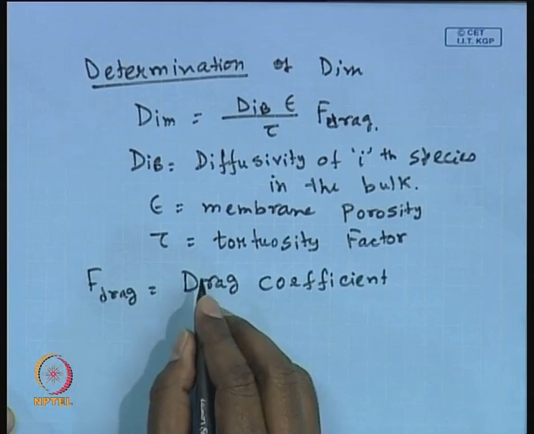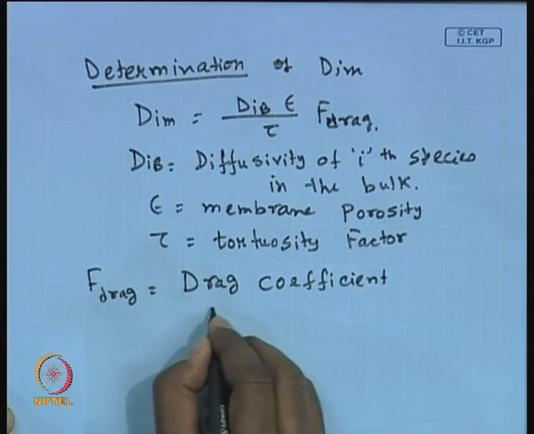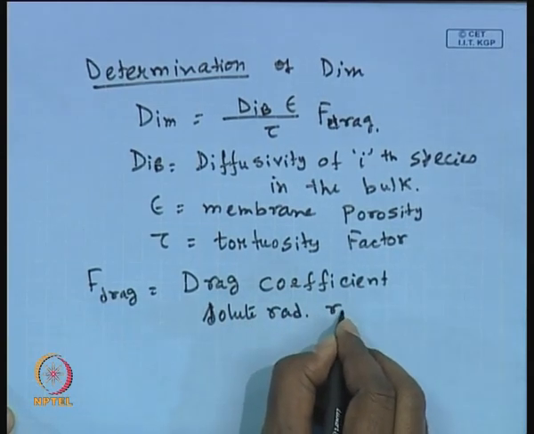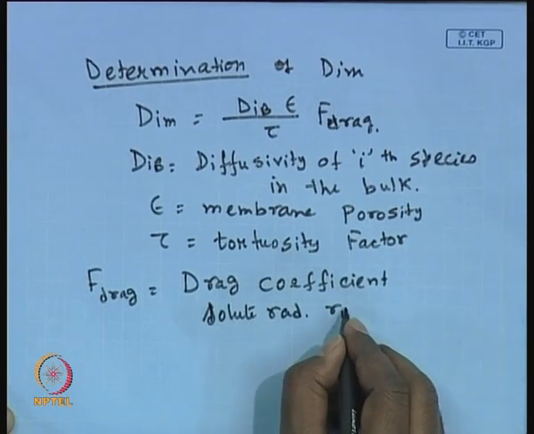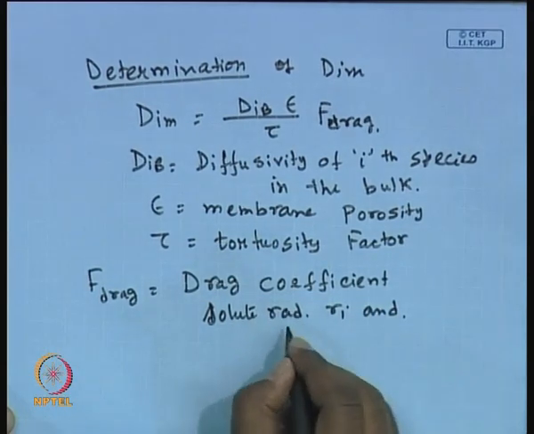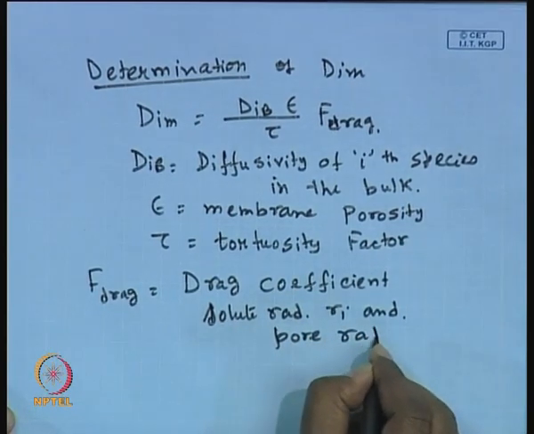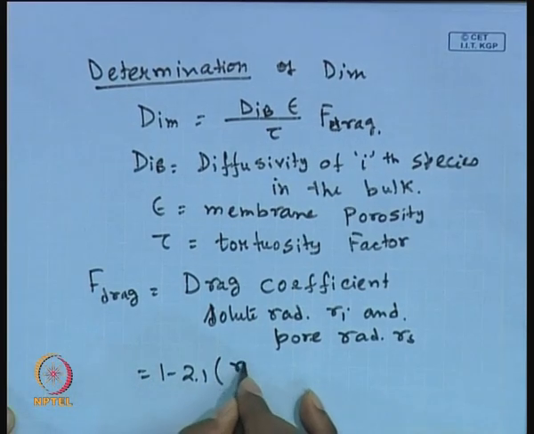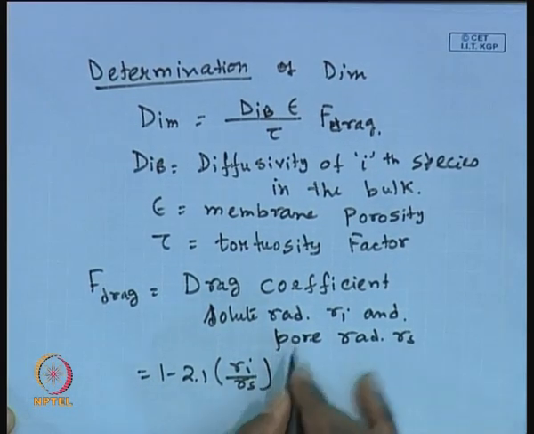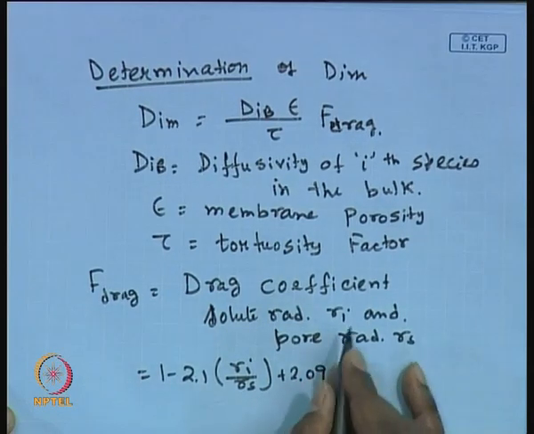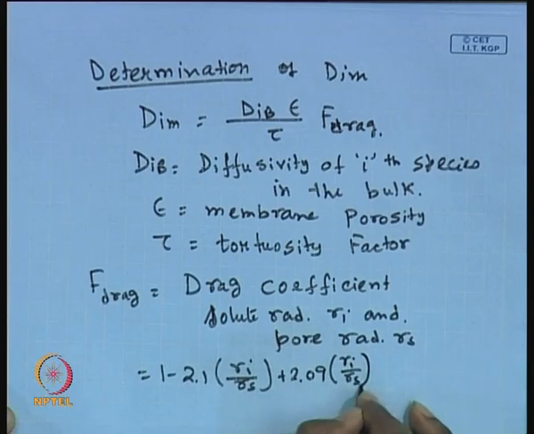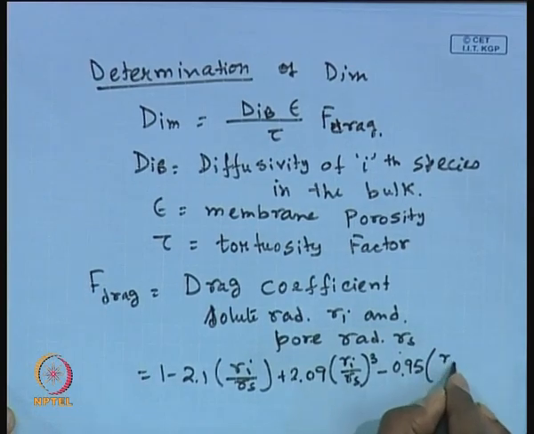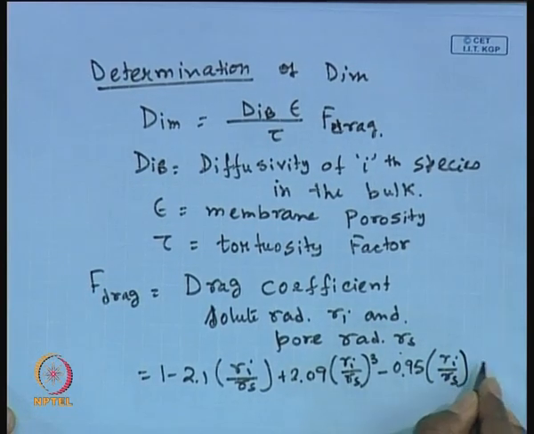can be written as, let us say the particle radius, the solute radius, is Ri and the pore radius is Rs, then it is given by this expression: 1 minus 2.1 Ri by Rs plus 2.09 Ri by Rs whole cube minus 0.95 Ri by Rs raised to the power 5.